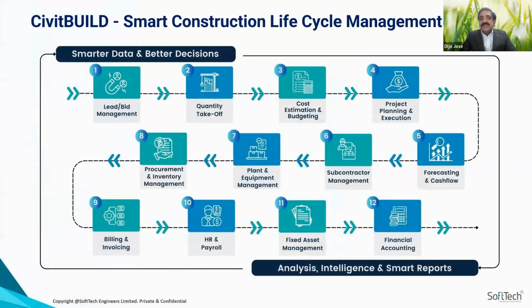Yes, the process flow starts from your lead bid management, the quantity takeoff, which is a typical flow in any governmental organization team. And that's what CivitBUILD as an ERP tool offers you: a complete automation tool for your SOP process, or automating your processes within the organization with unlimited workflows that enable you to have control for each module while we are getting it configured as part of the implementation process.